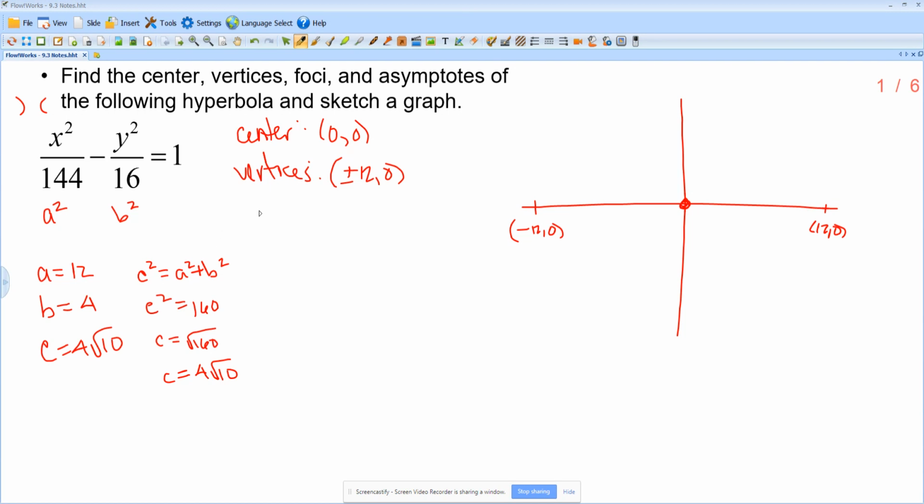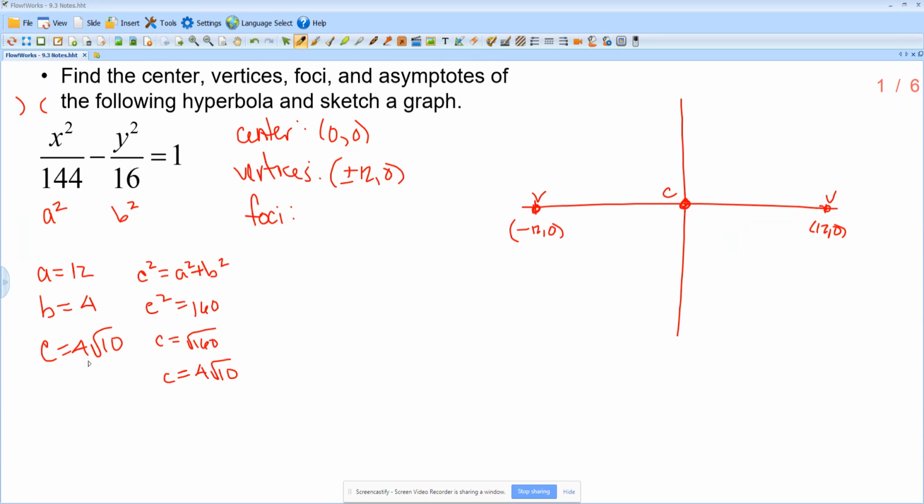Next, I have my focal points. My focal points are when I go left and right c units. Let's just label this as vertices, vertices, center. I go left and right c units, again from the center.